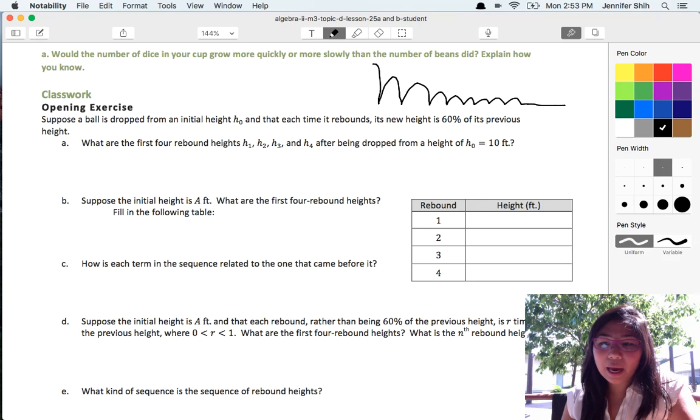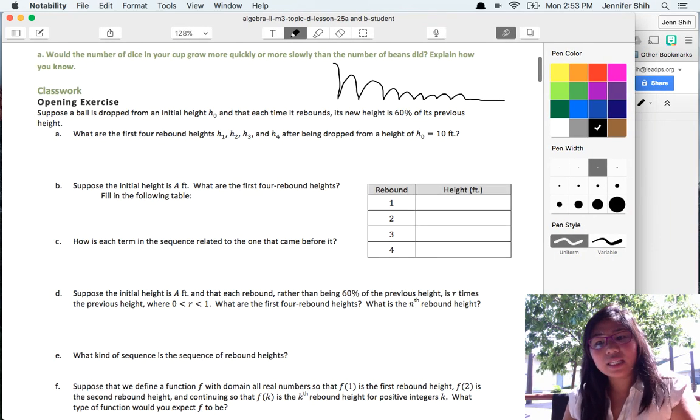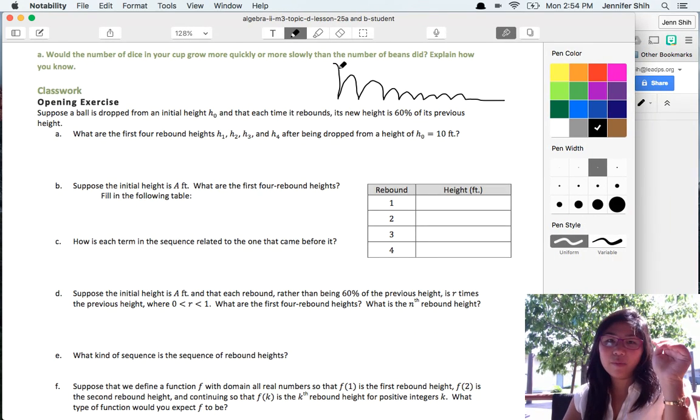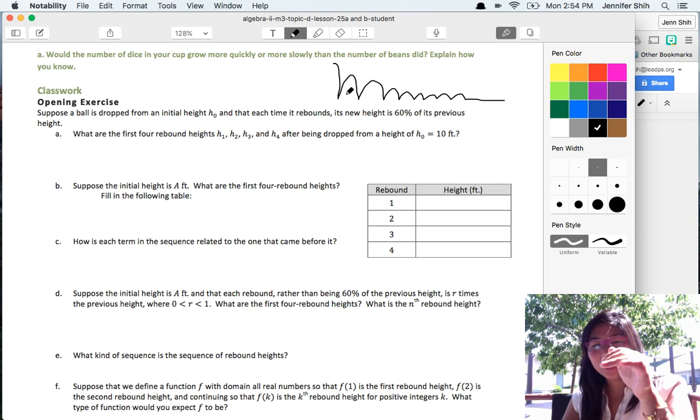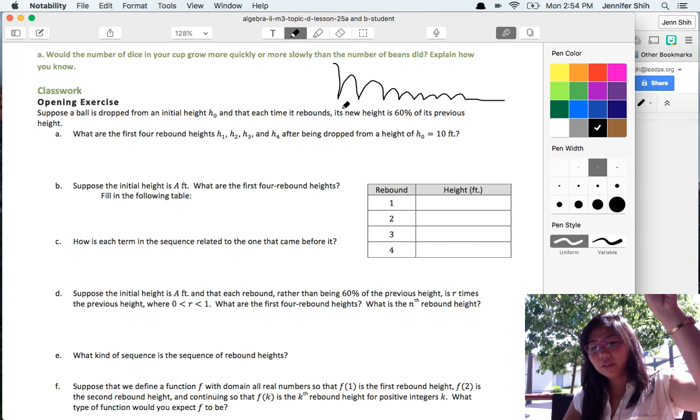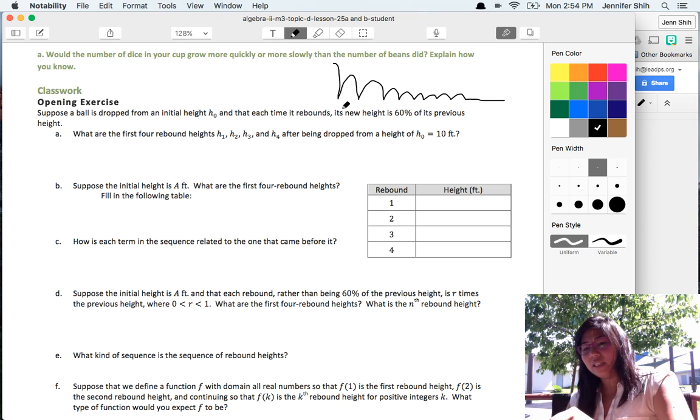Every time it bounces, it only bounces 60% of our height before, so a little bit more than half. So think about a ball bouncing, and then 60% of that, 60% of that, and so on and so on.